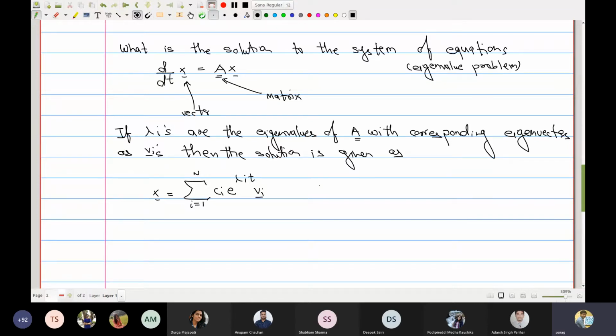Okay, this is the solution to the system of equations.